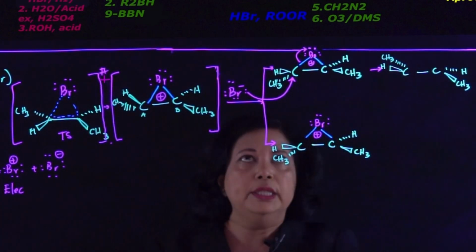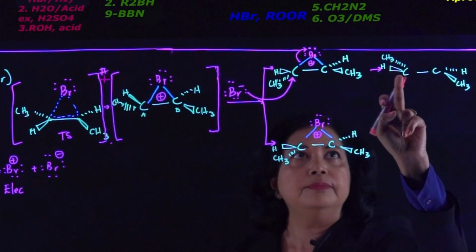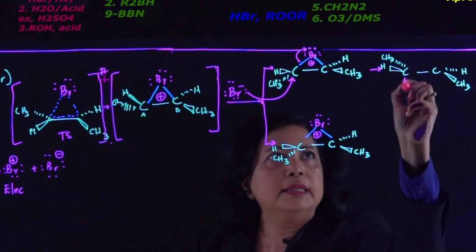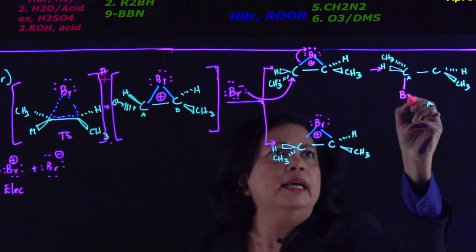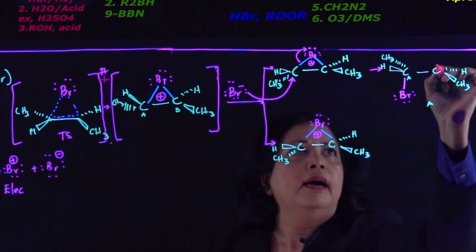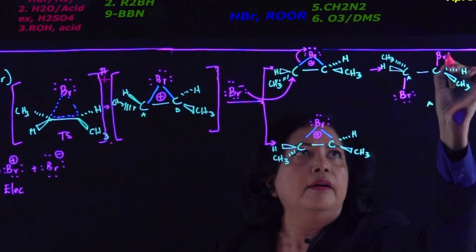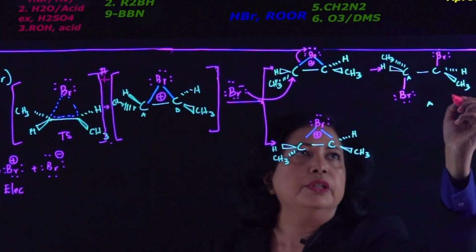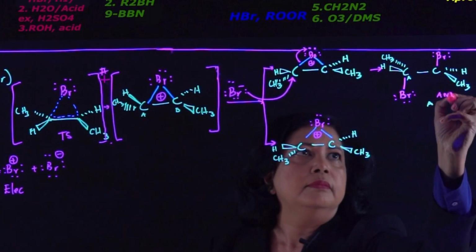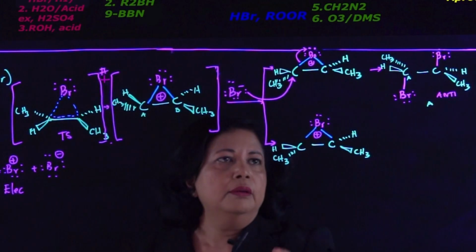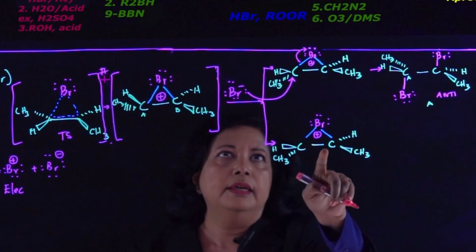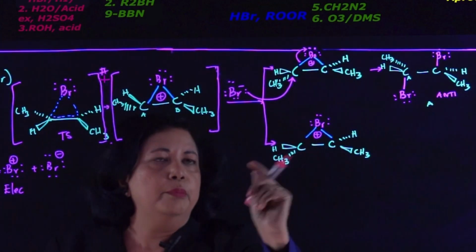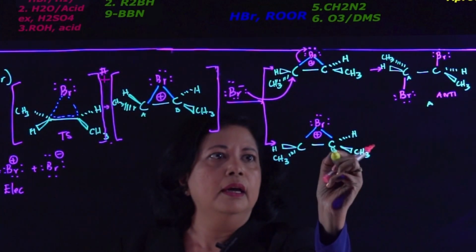Trans, one is on a wedge and one is on a dash. Your bromide makes a bond here at A carbon. Anti-addition.